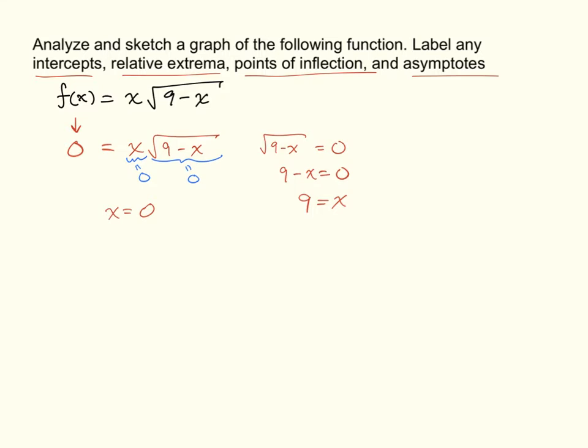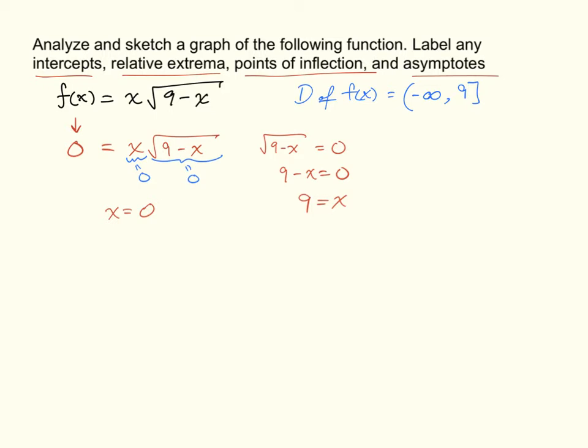And one other thing I want to mention here is the domain of f of x. The domain of f of x is negative infinity to positive 9. And we can include that 9 because substituting the 9 into the original function here does not give us any undefined value.